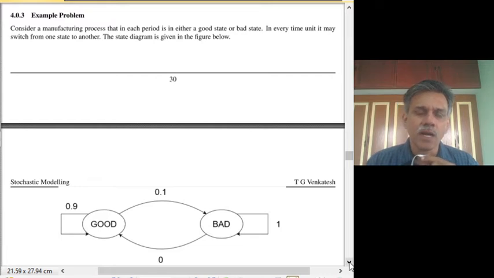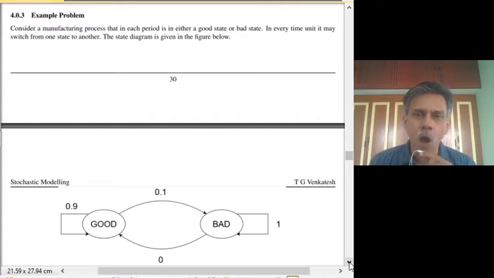So the items being produced by the machine are the only thing that is observable, whether it is a defective item or a good item.